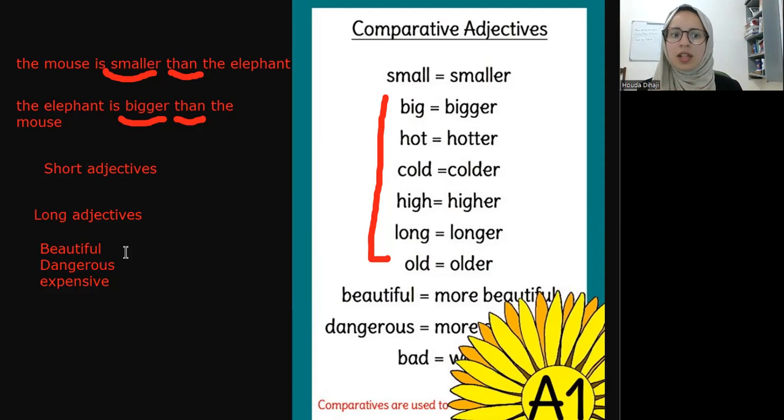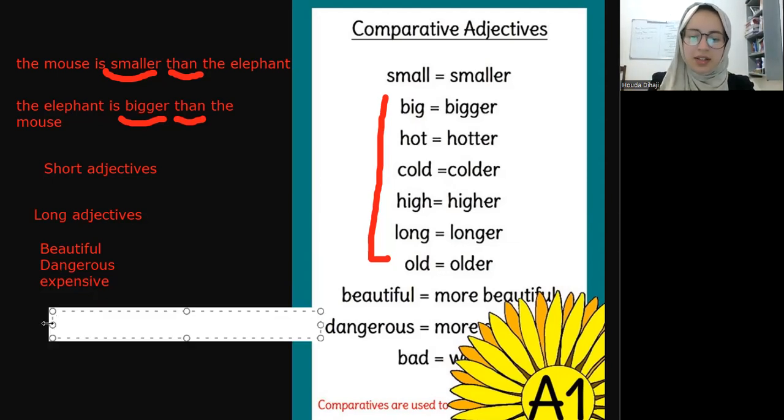There are many syllables in such an adjective. What do we do for these long adjectives? It's very easy. The rule is more plus adjective plus than.